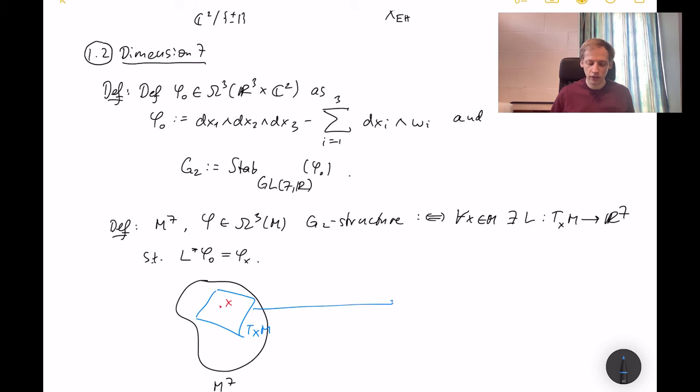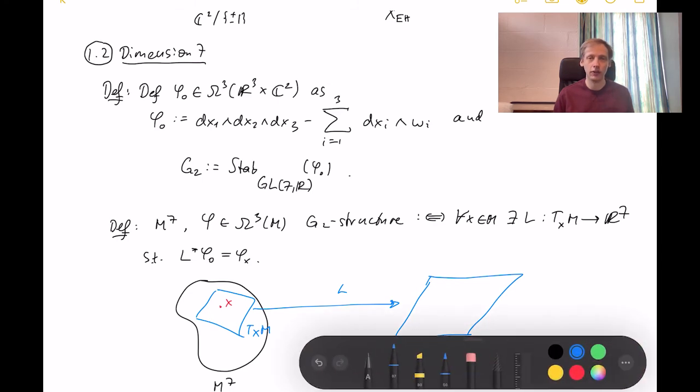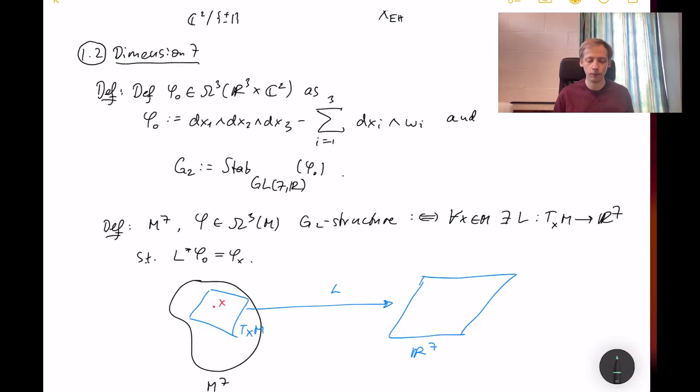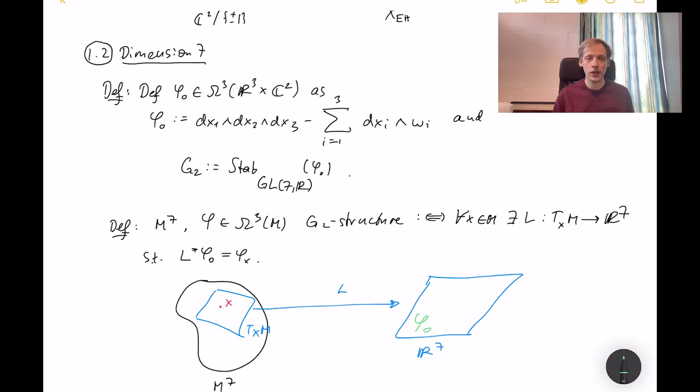And we have our standard G2 form, phi 0 on R7. And we exactly ask that phi 0 pulled back gives us phi x here on this tangent space. So it's completely analogous to the case of Riemannian metrics, which are just a metric at each point.